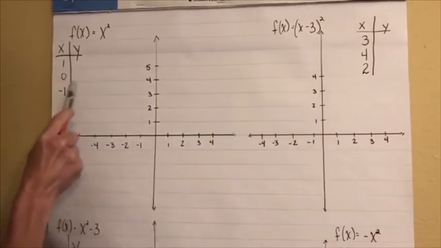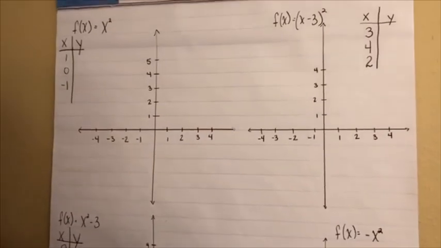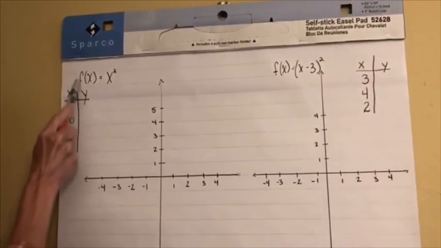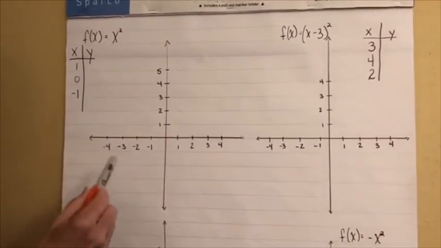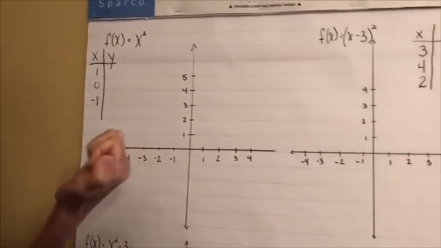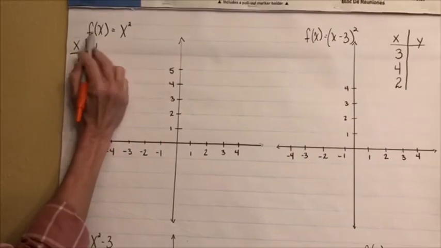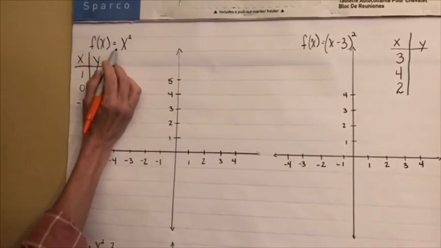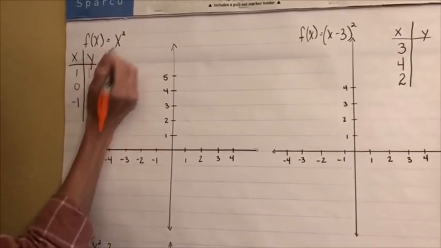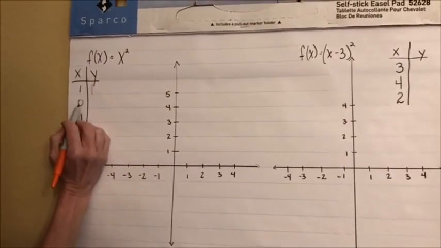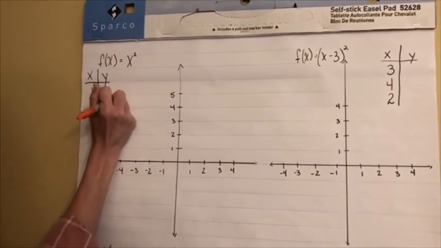For each one, you're going to want to create your XY chart. When x is 1, y, or f of x, will equal 1, because 1 squared is 1. When x is 0, y is 0.